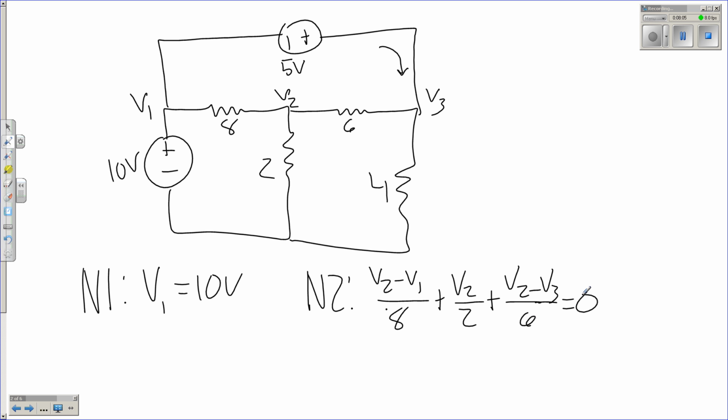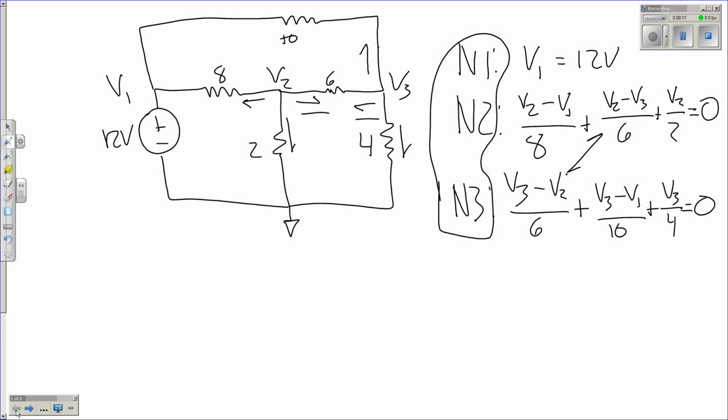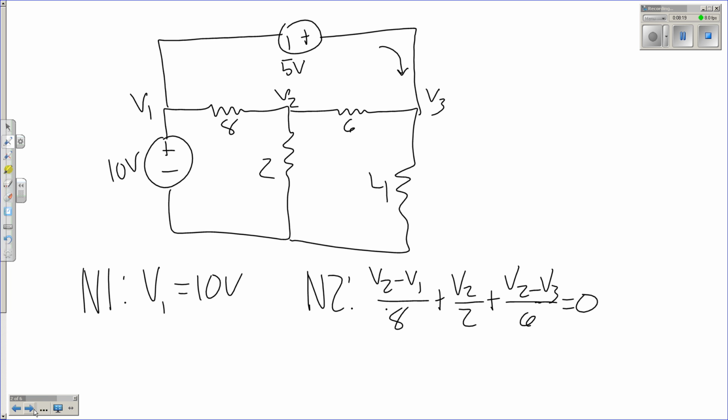But V3 is where we get into trouble, because we can't say that the current there is going to be equal to this, right? Because we replaced that 10 ohm resistor. But if we think about this critically, well, at V1, we've got a 10 volt source.